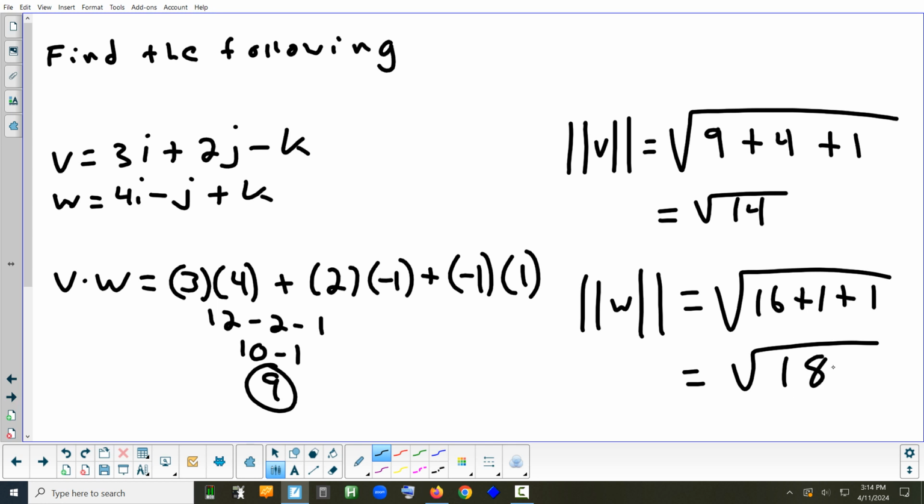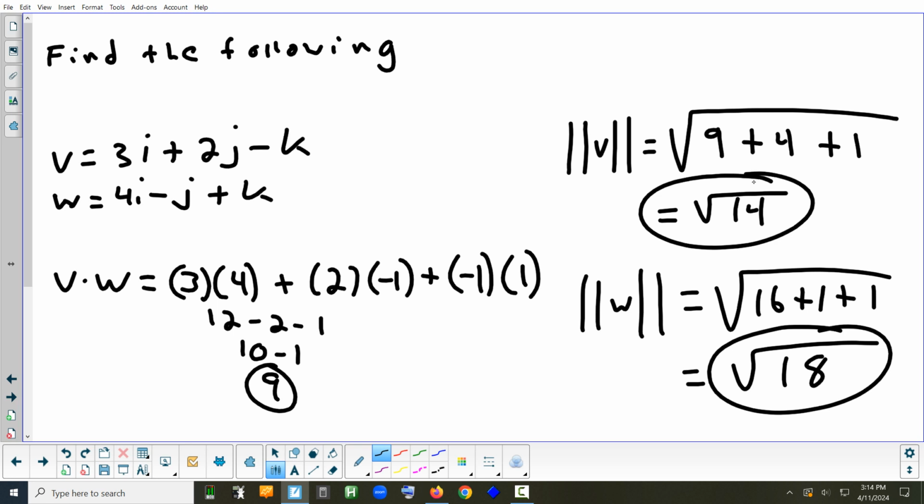Now that we know the magnitude of w, the magnitude of v, and the dot product, what can we figure out between those two vectors? What do those 3 things help us do? It was the formula you read earlier to me.